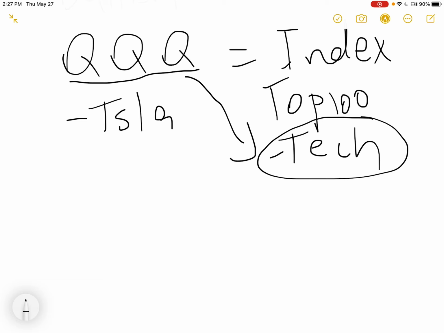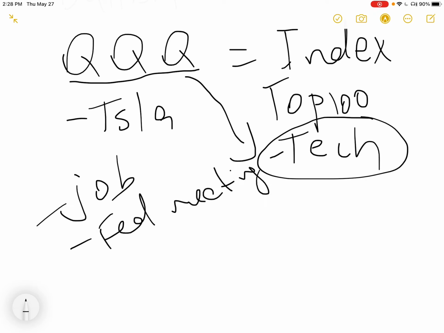For example, today I was sharing with you guys some economic reports that came out of the US, like job claims and the Fed meeting notes, which basically tell you whether they're going to raise interest rates or not. These are very important for an index or company that's highly growth driven, because interest rates have a direct impact on these companies.